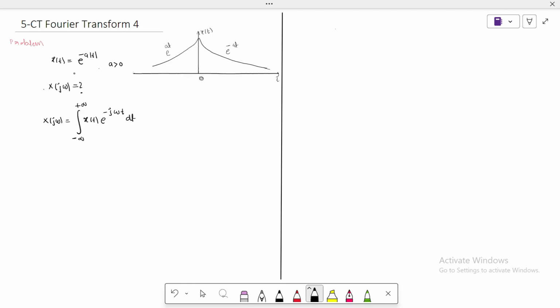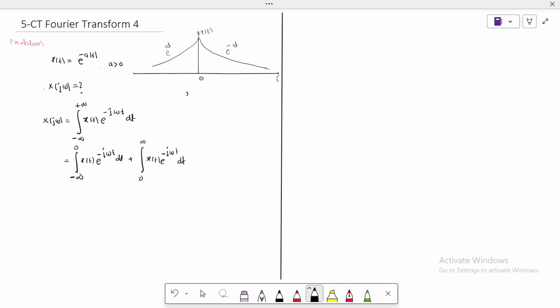The given signal has magnitude for both positive and negative t, so I am splitting it into negative and positive parts. That is the integral from minus infinity to 0 of x of t e power minus j omega t dt, plus the integral from 0 to infinity of x of t e power minus j omega t dt.